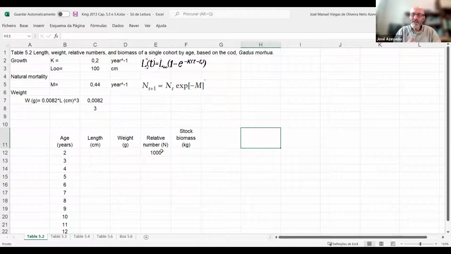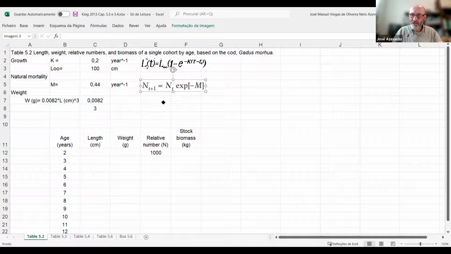In this case, we're imagining that we will start with 1,000 fish, and then we'll see how many fish are left in the 3rd year and the 4th year and so forth. We're going to use this equation for the exponential decline function. And once we know the individual weight of each fish, and we know how many there are, even if relatively, we can calculate stock biomass.